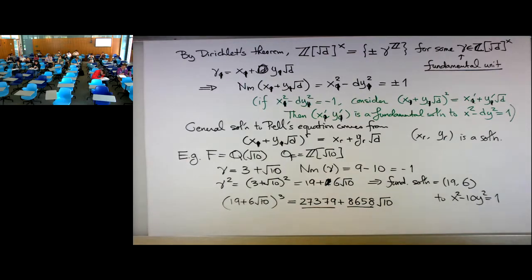Okay? Other questions about this? Yes? Is the r that you have above the same r that comes from the number of embeddings? Oh, very good question. No, not the same thing.